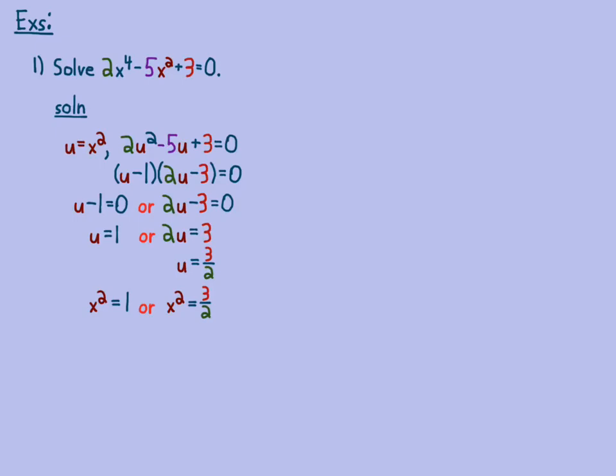These are both quadratics, and there's only one term with an x in it. It's the x squared term. So you can use the square rule. So you just get x equals plus or minus square root of 1, which is just plus or minus 1. And you get x is plus or minus square root of 3/2, which I would just leave that way. You don't have to rationalize denominators unless you're told to.